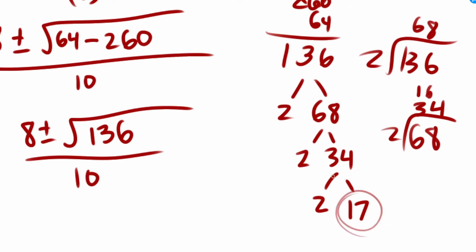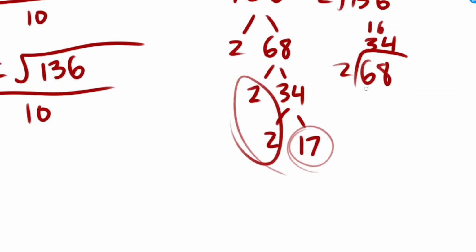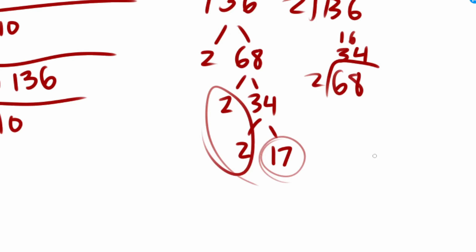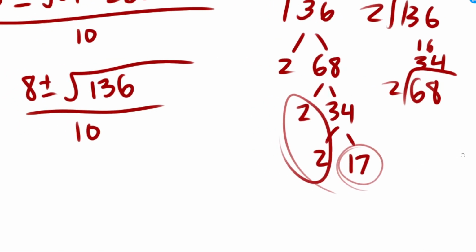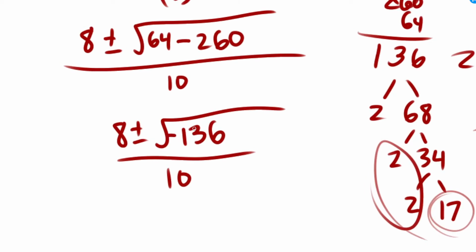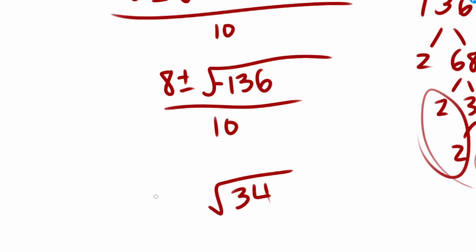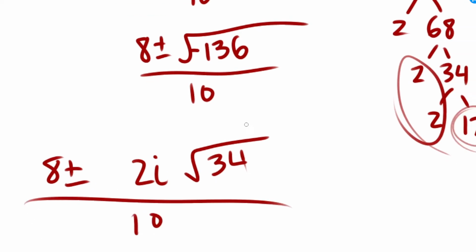And 17 is prime. We have two 2's that we can take out of this, and then a 2 left over. So 17 times 2 is 34. So we'll have a 34. Oh, and by the way, this is negative. We'll have a negative 34, but now it's positive because we're taking out an i, and also a 2. So 2i. 8 plus or minus 2i, all divided by 10.